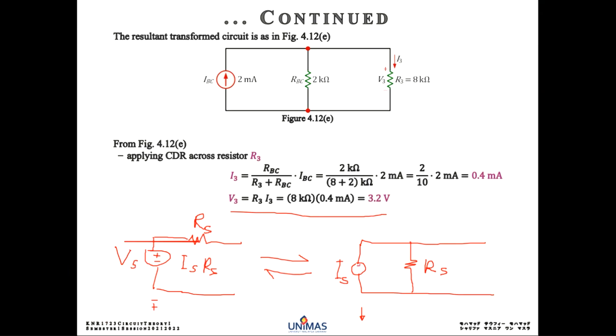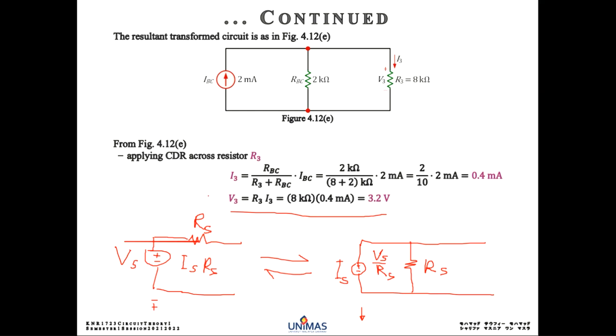So positive, negative. So what is Is? So I is equal to V over R. What is V in this case? Is the voltage source Vs. What is the resistor? Is still the Rs. So the Rs is the same value. It doesn't matter whether this one is R1, R2, R3, R4, or VP, VQ, VR, VS, VT, whatever name.